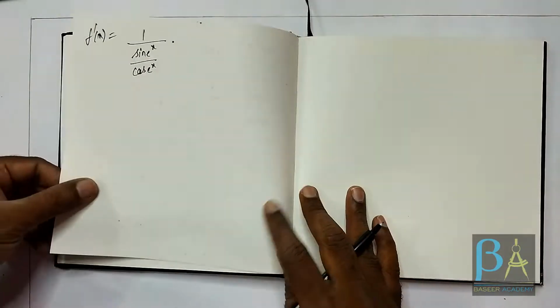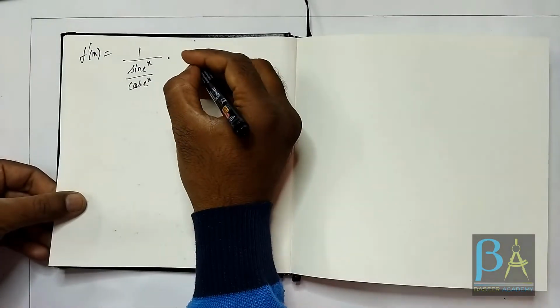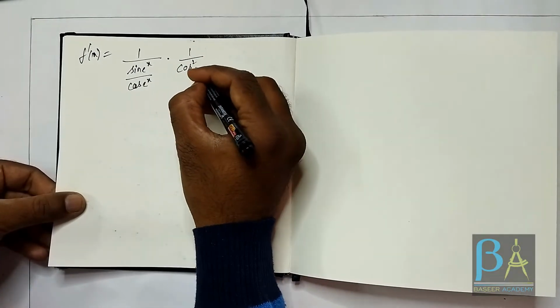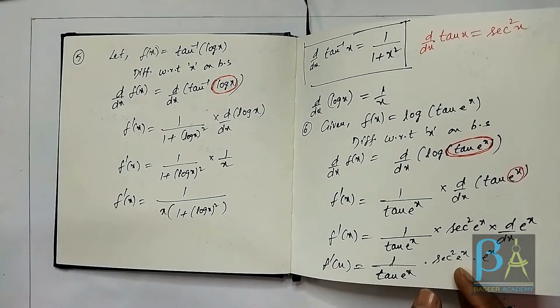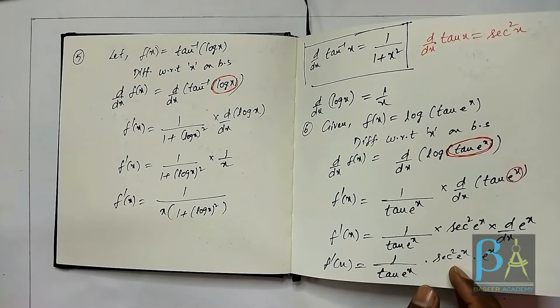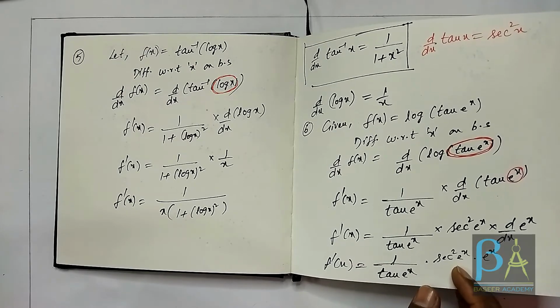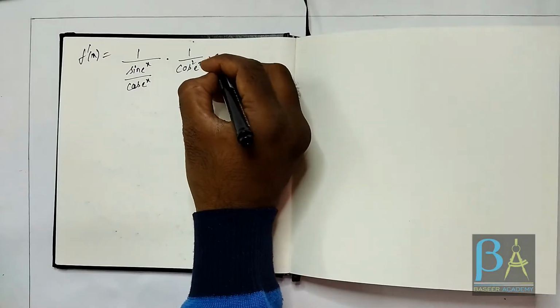Secant square e power x, I can write it as 1 by cos square e power x, because secant is reciprocal of cos, right? So secant can be written as 1 by cos. This e power x, let me write it as it is.